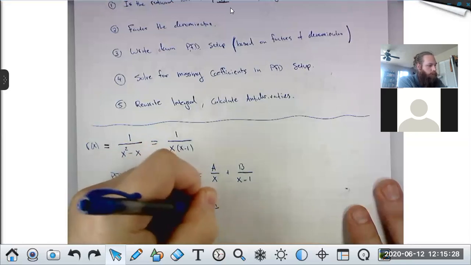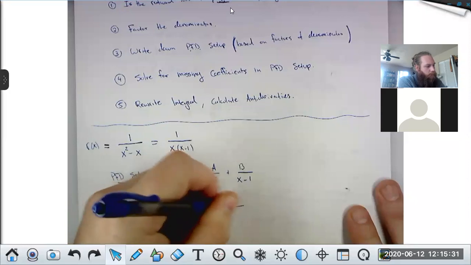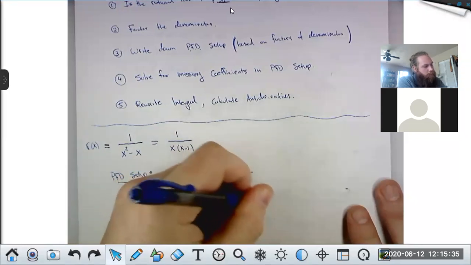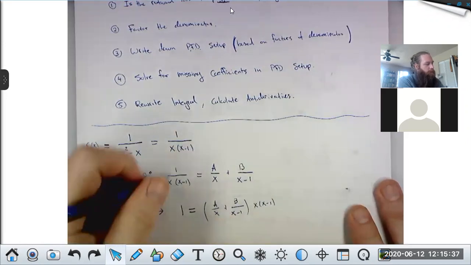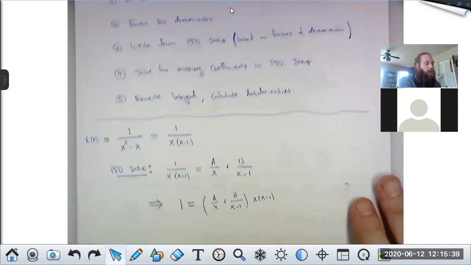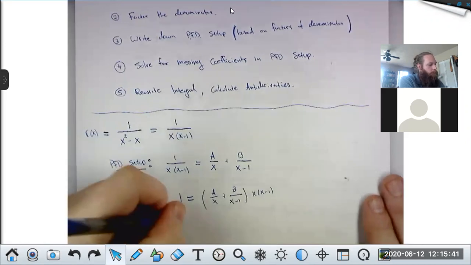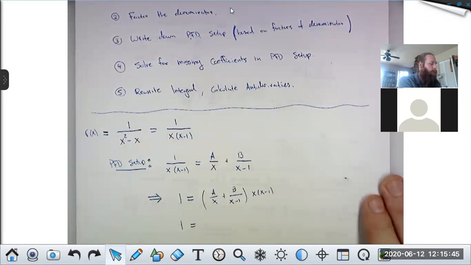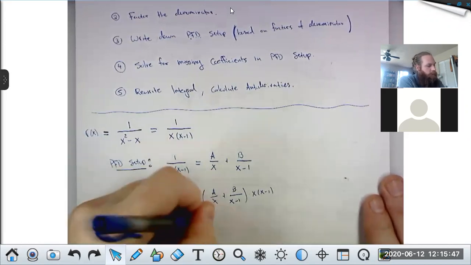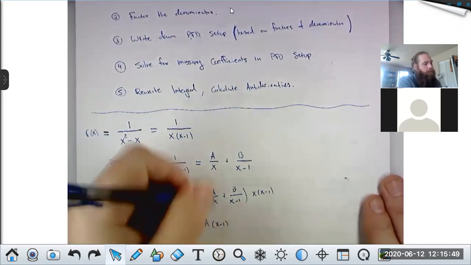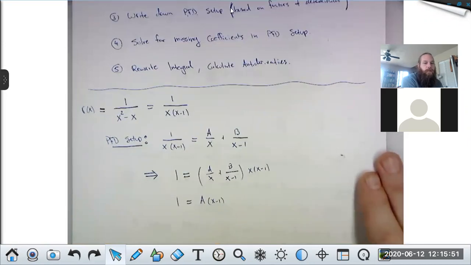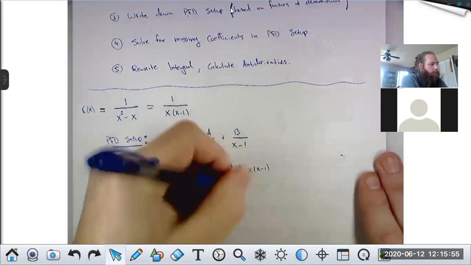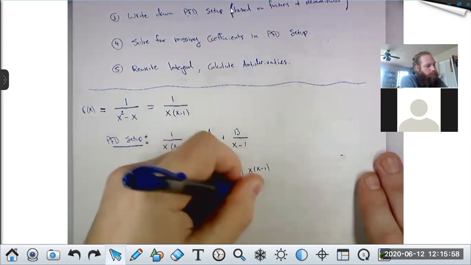Why not? a over x plus b over x minus 1 times x times x minus 1. On the right-hand side, I distribute. When I hit the a over x with x times x minus 1, the x's cancel, and I get a times x minus 1. When I distribute that to the second piece here, the x minus 1's cancel, and I get b times x.